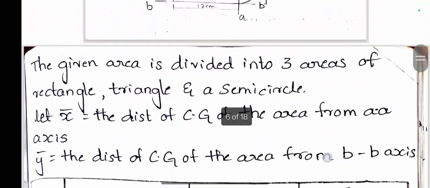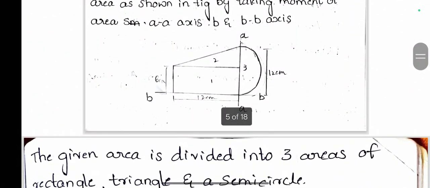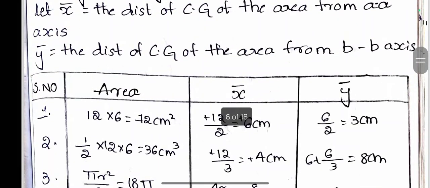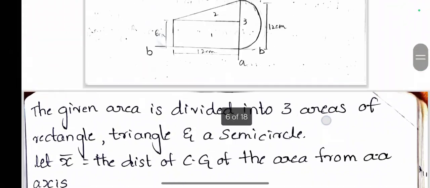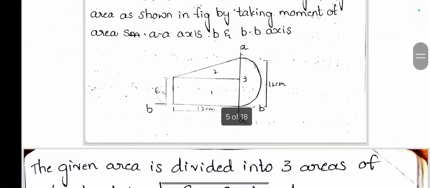Next, X bar. For the rectangle, overall length is 12, so the formula is B divided by 2, 12 divided by 2, which comes to 6. Next, X bar of the triangle. From the apex point, the center of gravity is at a distance of 2h by 3. If we see from the adjacent side, it will be h by 3.